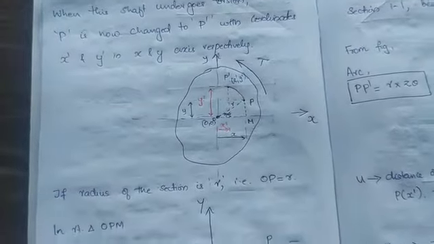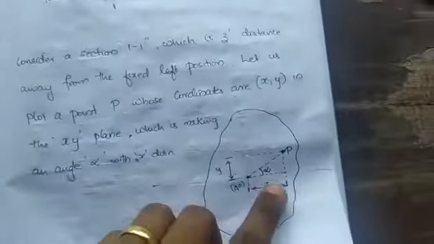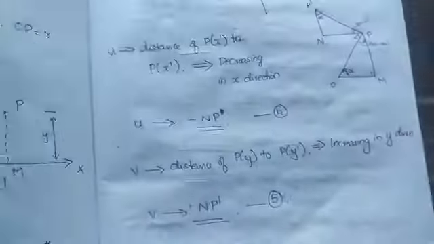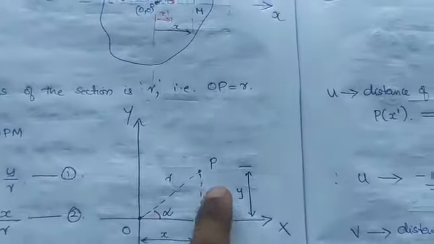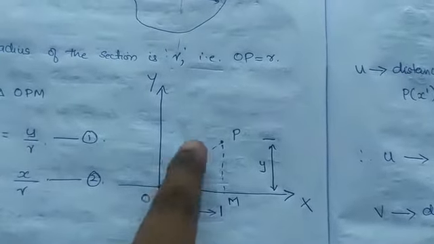Now from this triangle, the initial triangle that we have plotted here, say this is OPM. Sin alpha is y by r and cos alpha is x by r.